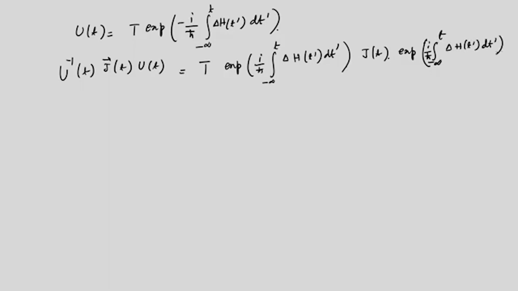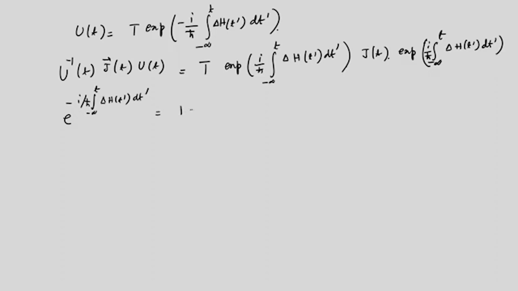All right. So, now what we do is that we make this expansion of the exponential of minus I by h cross, integral from minus infinity to t of delta H of t prime dt prime.